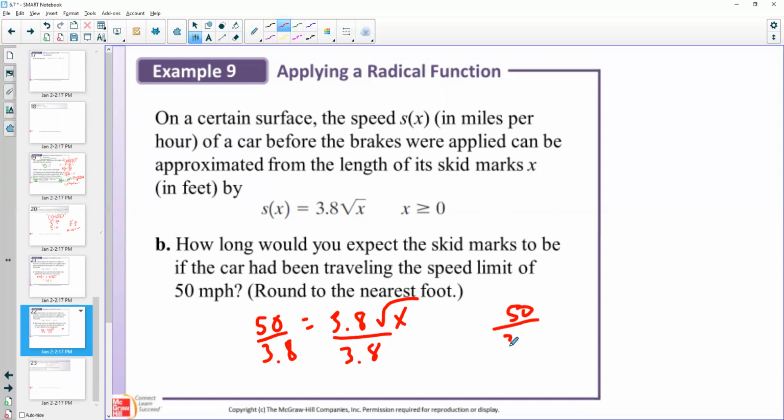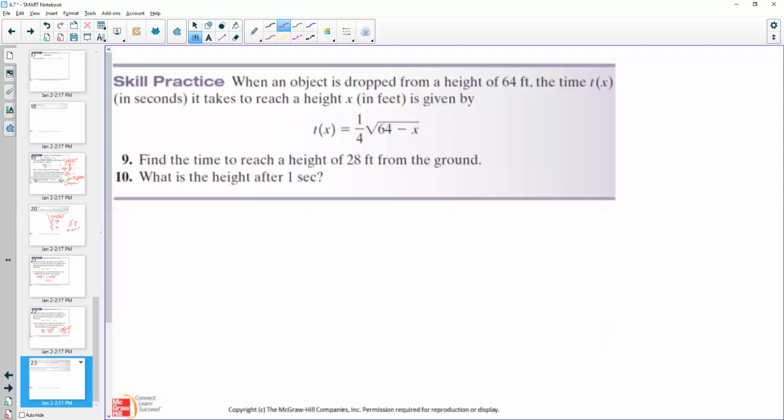I don't have my calculator handy, you have yours. But I know it's going to equal the square root of x. And to get rid of the square root, I'm going to square both sides. So put that in your calculator, figure it out. It should be about 173 feet. So if you're going 50 and you have to stop unexpectedly, your skid marks are going to be 173 feet long. It's crazy.